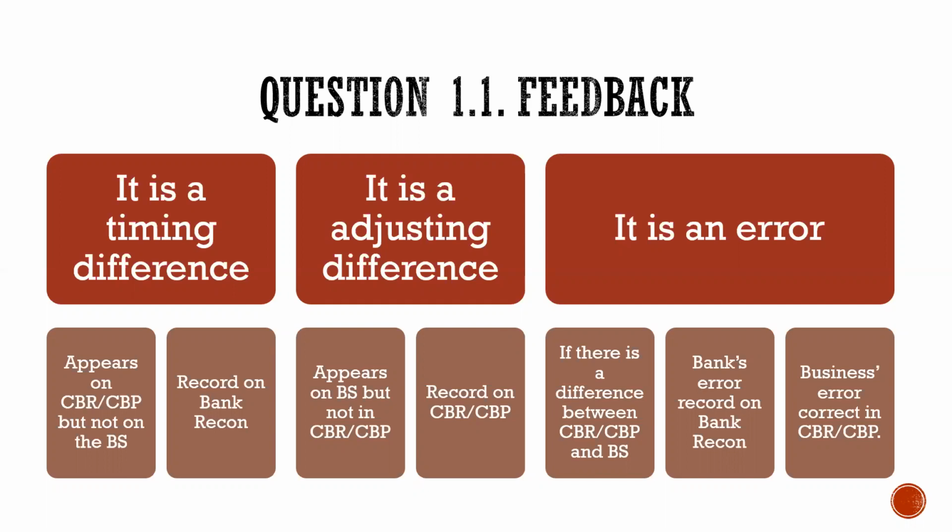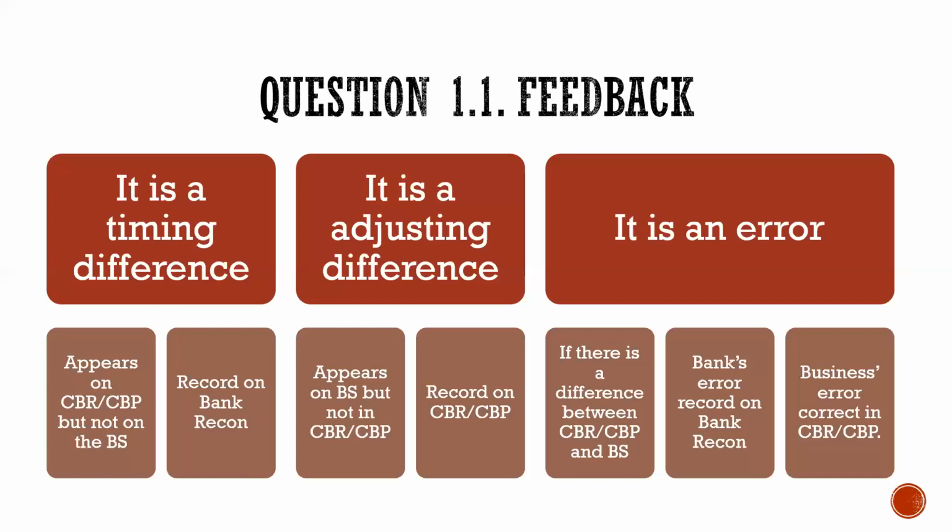On that table, your bank charges, interest on current account, interest on overdraft, debit and stop orders, direct deposits, and dishonored checks would all be adjusting differences. And you would then record those in your cash book receipts and cash book payments.